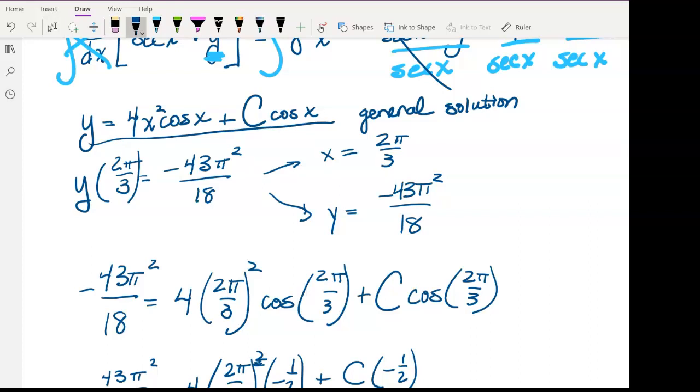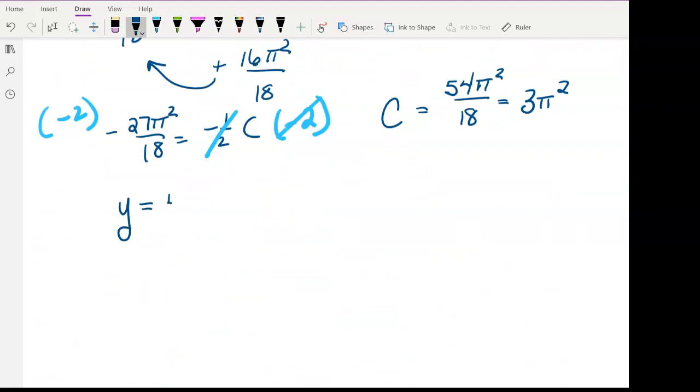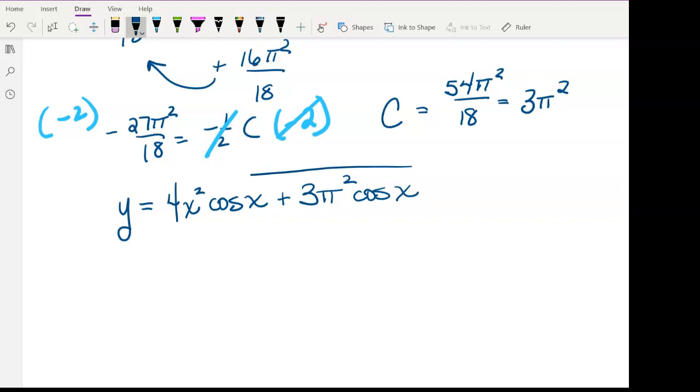So y is equal to 4x squared cosine x and then it said plus c cosine x, but our c value is 3 pi squared, so plus 3 pi squared cosine x. And that is our particular solution.